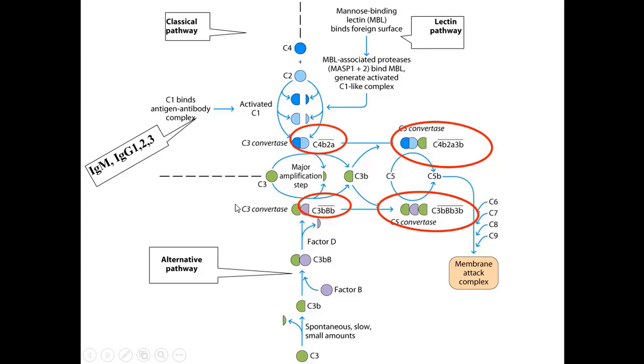Then in this lesson, I'll explain the early phase and final phase of the classical pathway first, and then I'll explain the early phase of the lectin pathway and alternative pathway.